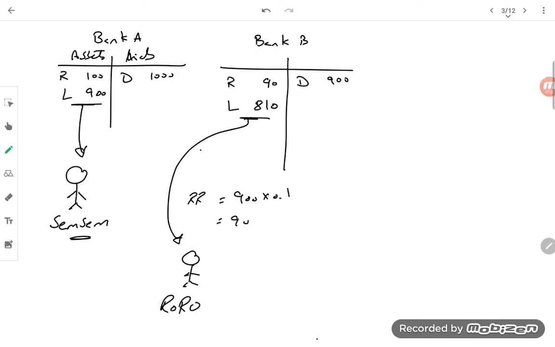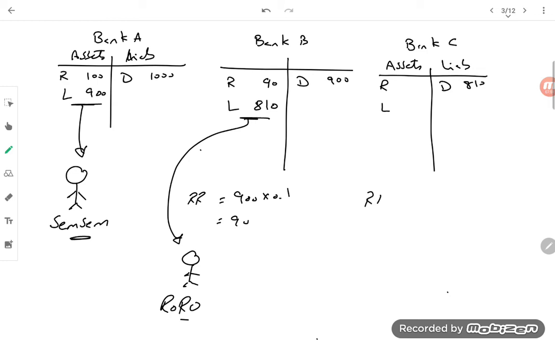Ruru is going to deposit, as there is no currency in circulation, this money in another bank, which is Bank C. So she is going to deposit 810.